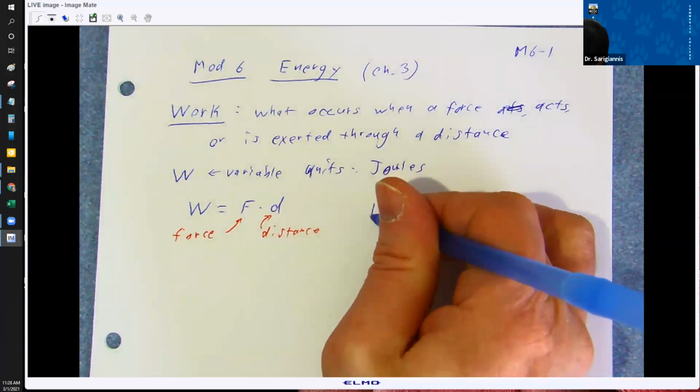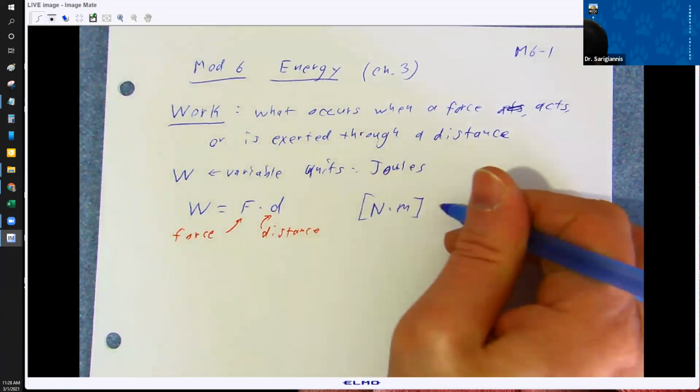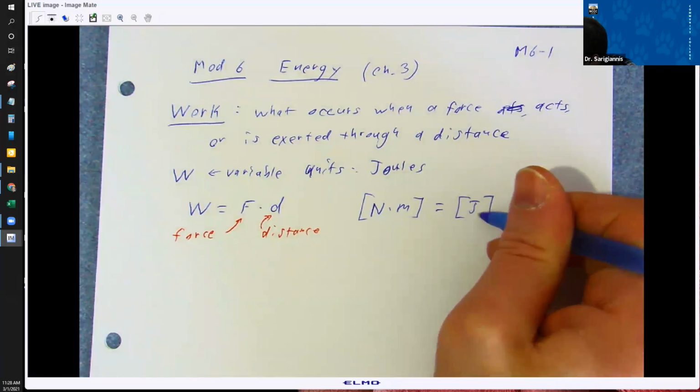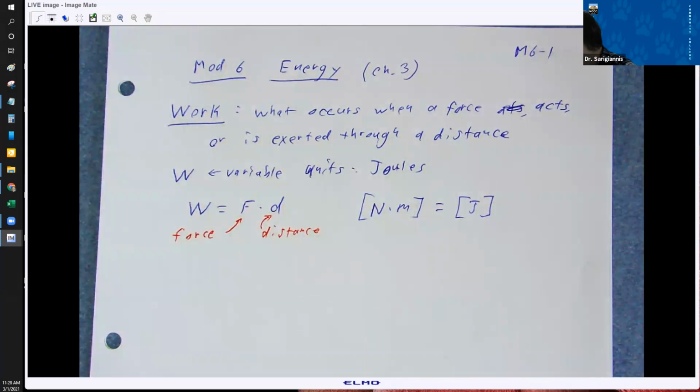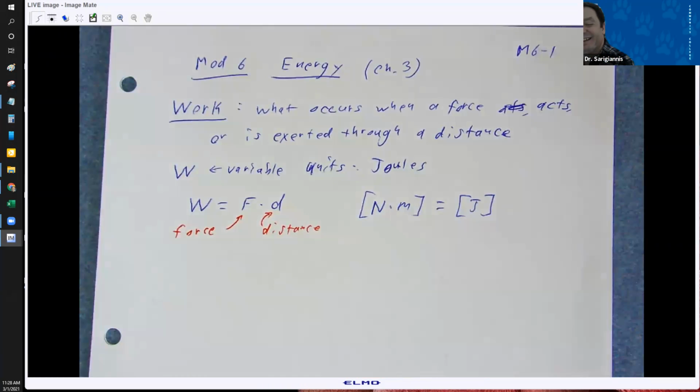And the units on this are Newton times meter, right, which equals a joule. Joule. Not like the jewel you buy at the jewelry store.